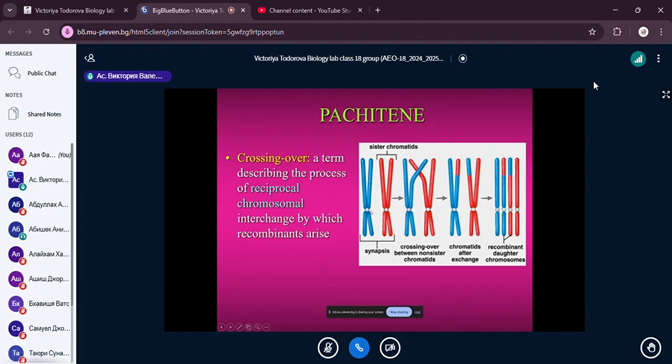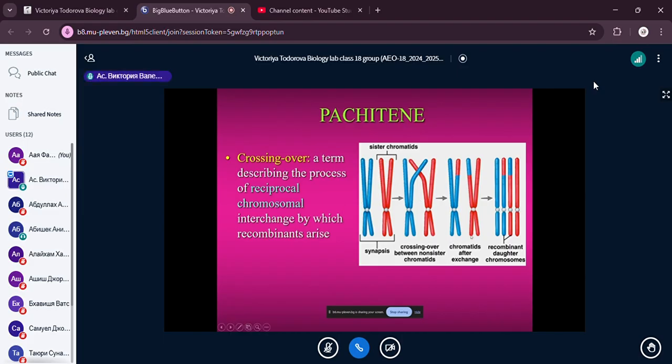And here in pachyten, the exchange of fragments happens between non-sister chromatids from a homologous pair. This is the definition of crossing over. The crossing over, we can say, is genetic recombination.